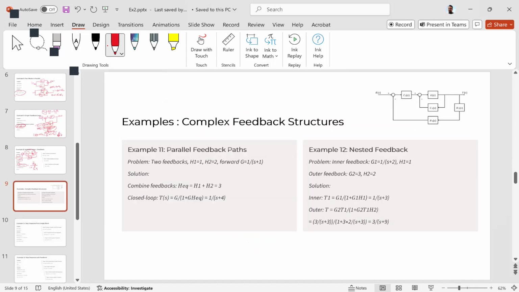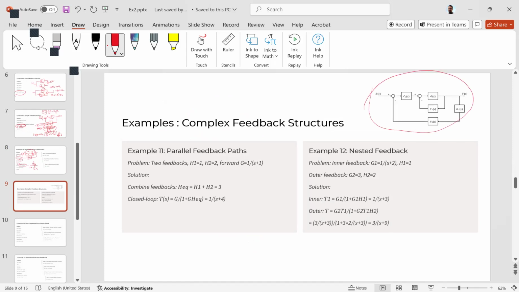Now, let's talk about a more complex situation. This is an example of a complex situation. It doesn't relate to these two. So, let's talk about it. In example 11, we have a parallel feedback path. What that means? That means you have a forward pass.